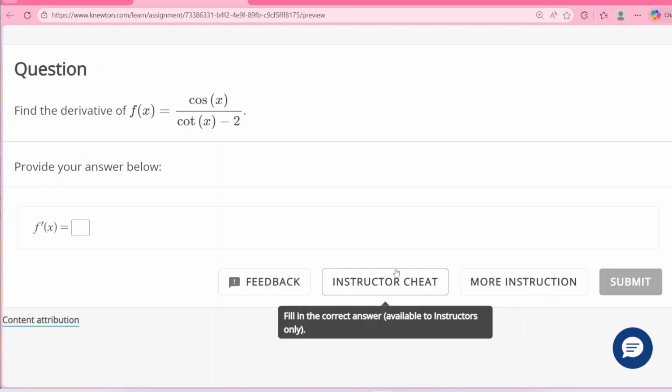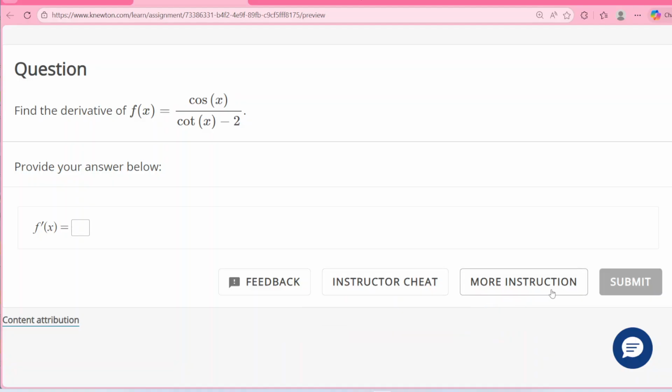Now, this instructor cheat button will not be there for you as a student, so I'm not going to use it myself. And then next to that, you will see more instruction.